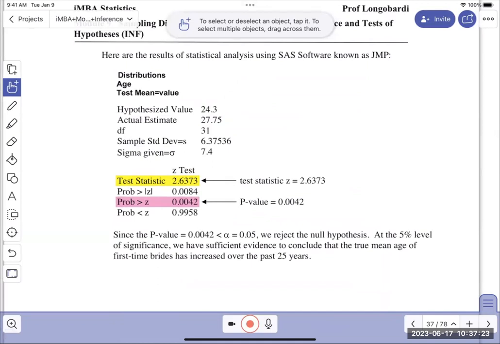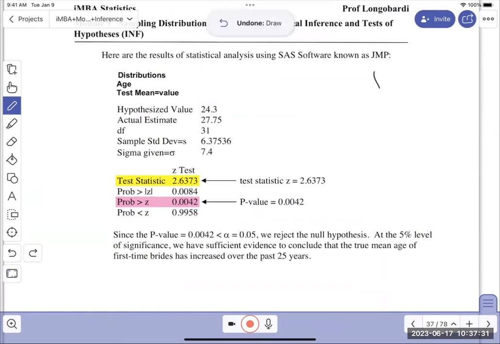Okay, let's look at the statistical output on page 35 of the notes. Tell me what test we're doing here.